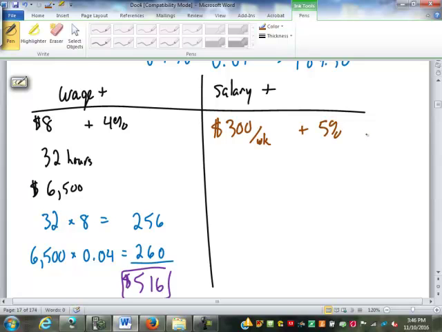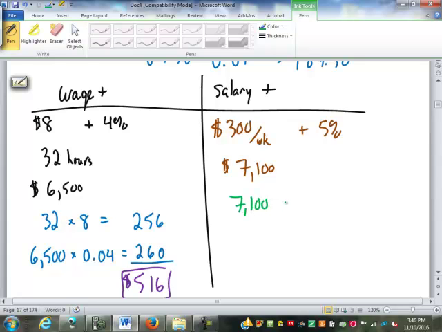Okay, on the other side, the salary plus, it might just be $300 per week salary plus, well, we'll go 5% commission. So you have a week where your sales are $7,100. So we don't have to do hours because this is salary, not hourly. But we do have to do our commission.